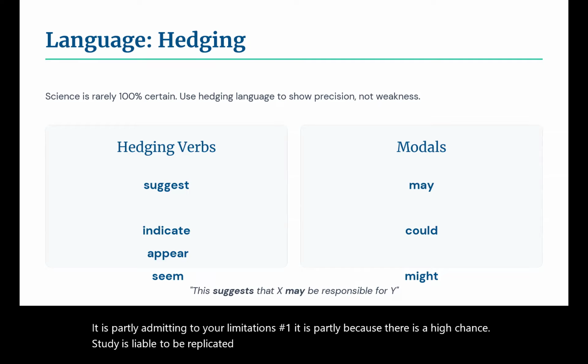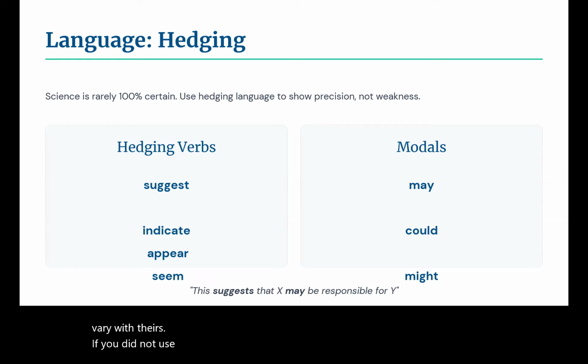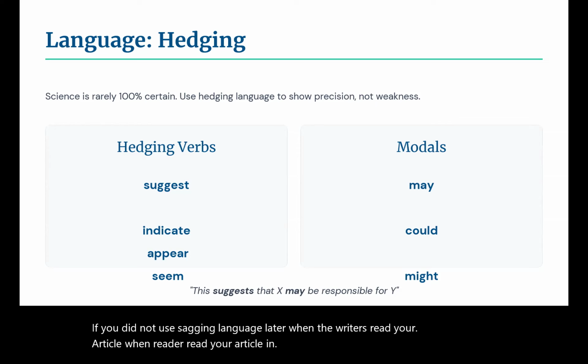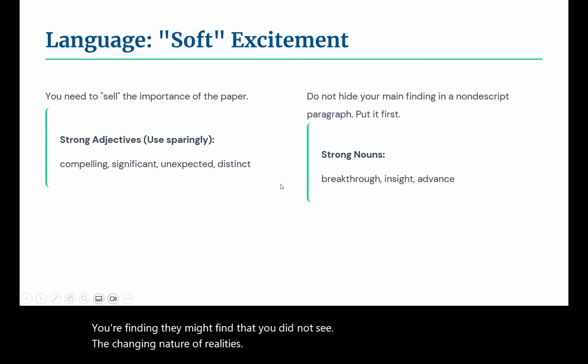And if in such replication your findings vary with theirs, and if you did not use hedging language, later when readers read your article, they might find that you did not see the changing nature of realities. So let's move on with hedging.